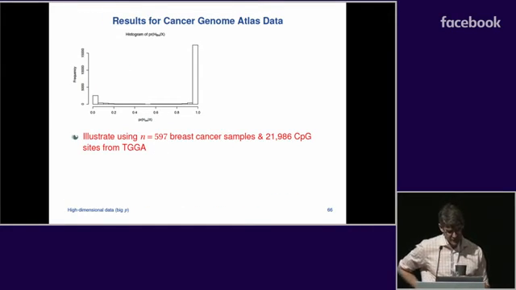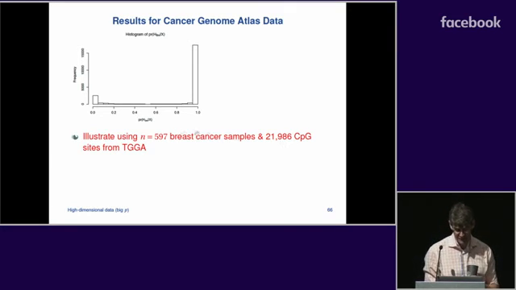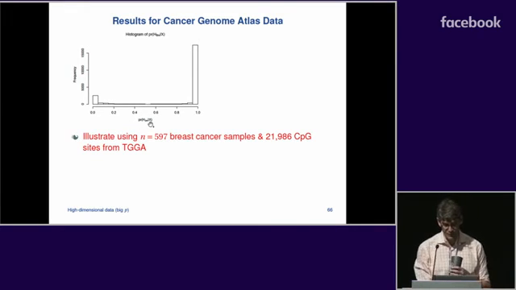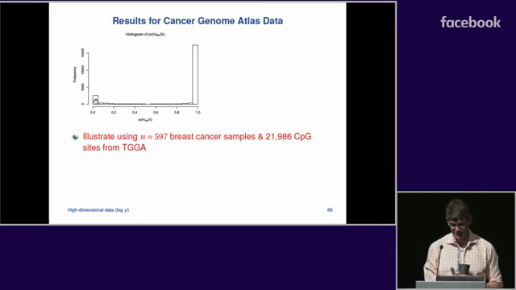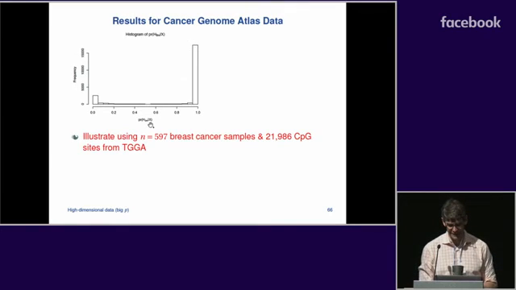Okay, so we illustrated this using 597 breast cancer samples. Let's just show it for 21,000 CpG sites from The Cancer Genome Atlas. And here it shows the probability of the null hypothesis at each of the sites. So there are 21,022, almost 1,000 sites, and this is a histogram of the estimated posterior probabilities that there's no differential methylation.